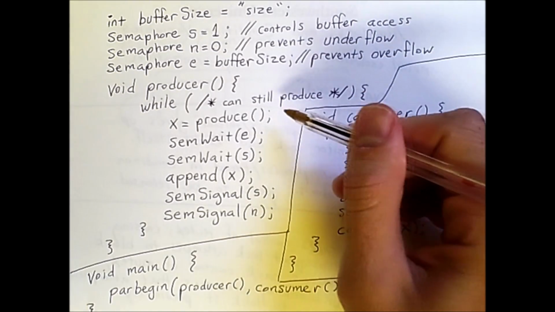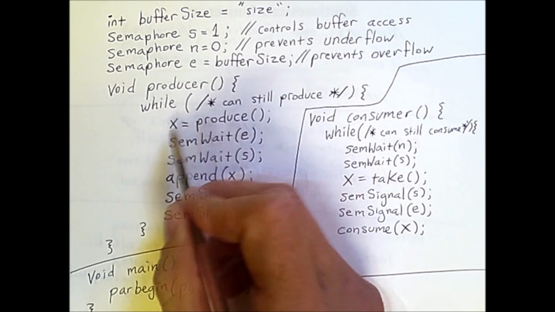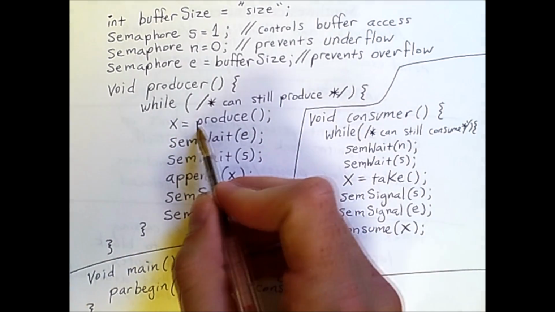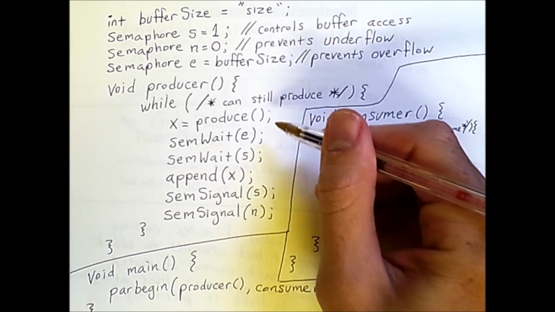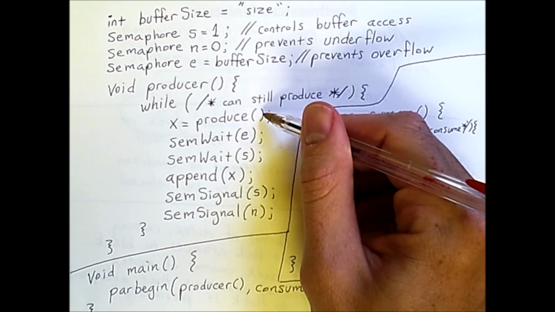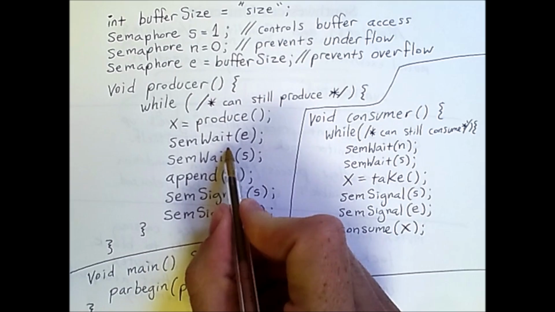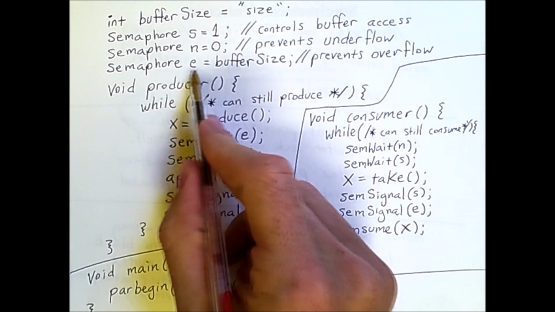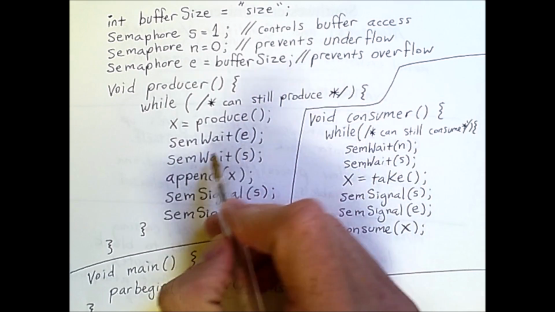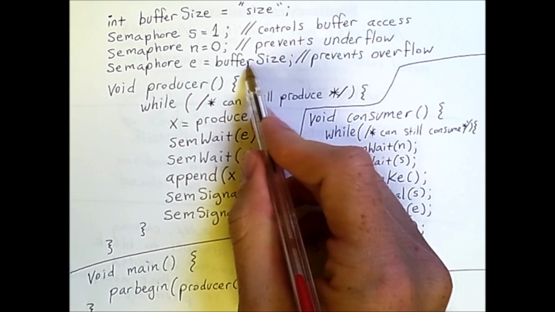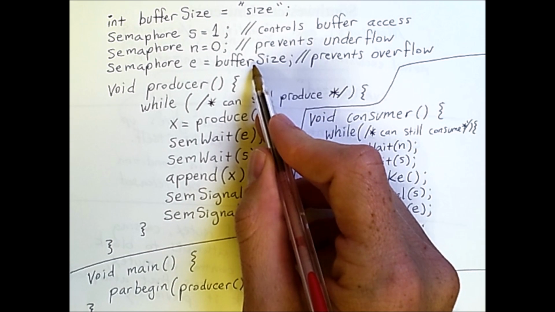And so what we'll do is some command produce will produce and return a value and save it in a variable x. And then, because we want to add this to the buffer, we're going to wait on the semaphore e. Now, e starts off at the buffer size, and waiting decrements it, so as long as there is room left in the buffer, decrementing it won't cause any problems.